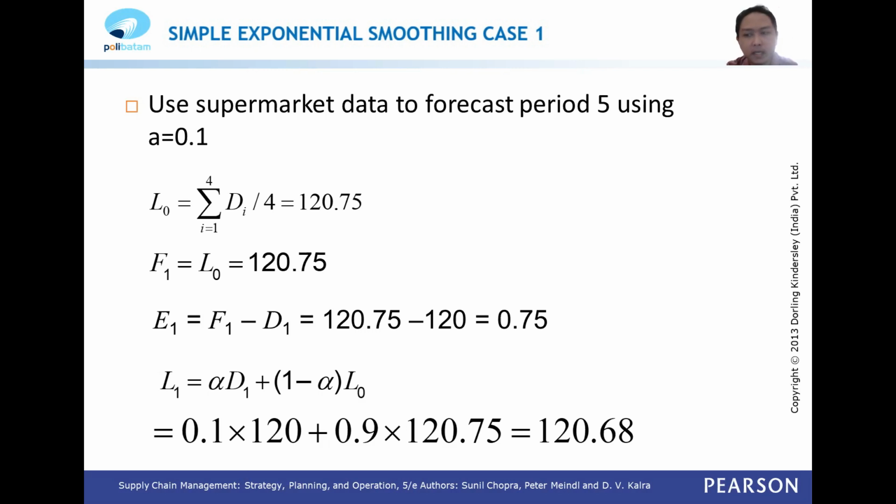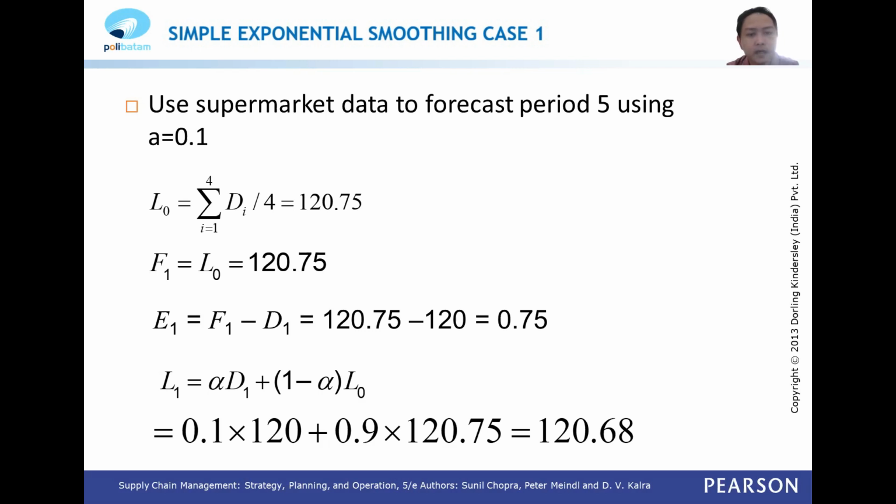And the first step, we need to identify the level value at period 0 by totaling all demand and dividing it by 4 periods. So the level in period 0 is 120.75. After that, we can estimate that the forecasting demand in time period 1 is equal to the level value in time period 0, which is 120.75 gallons.